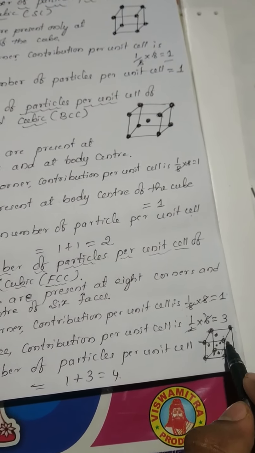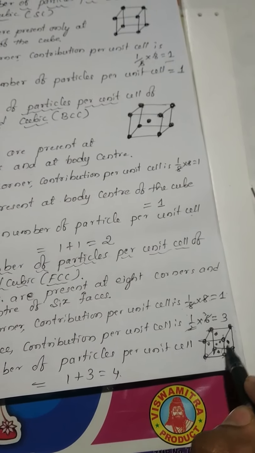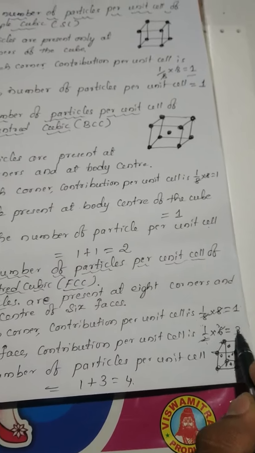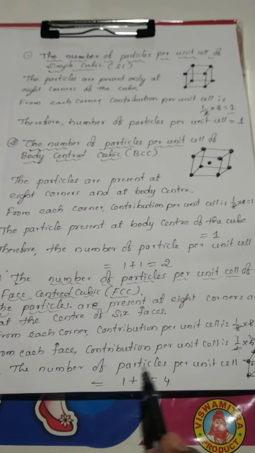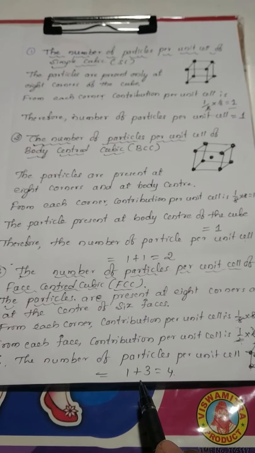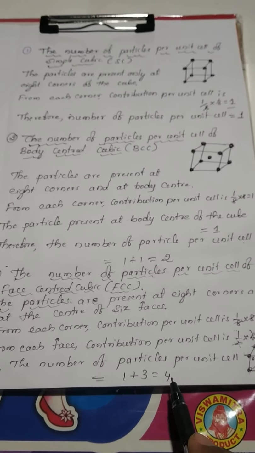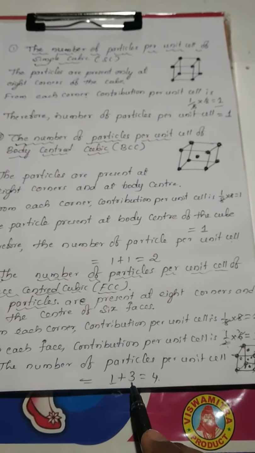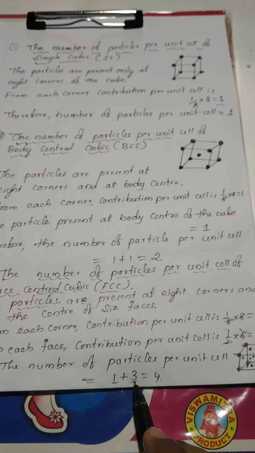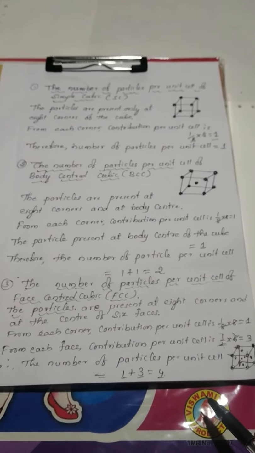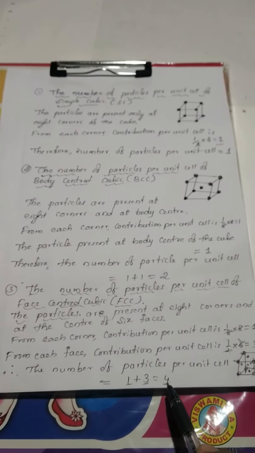Such particles, 6 are there, hence 1 by 2 into 6, that is equal to 3. So the number of particles per unit cell of FCC is 1 plus 3, equal to 4. It is from the corner particles and from the face centered particles. The number of particles present per unit cell of FCC is 4.